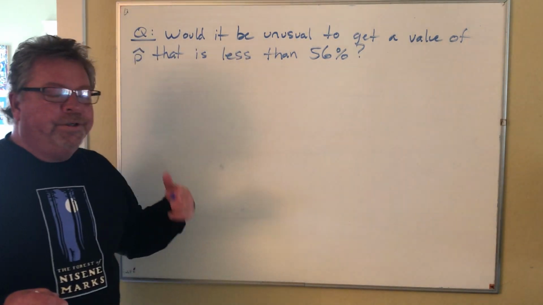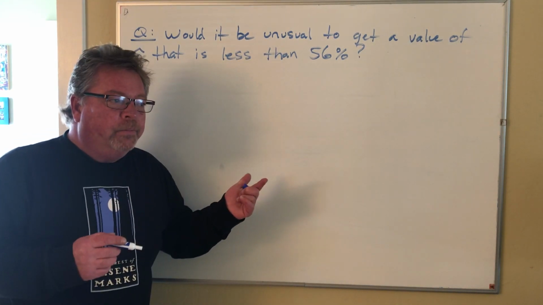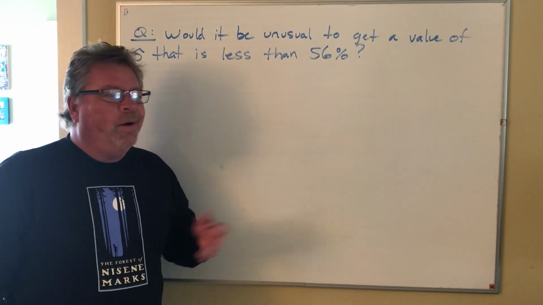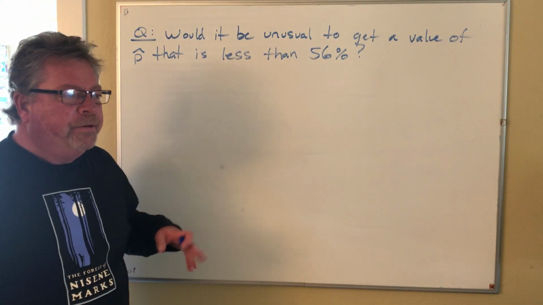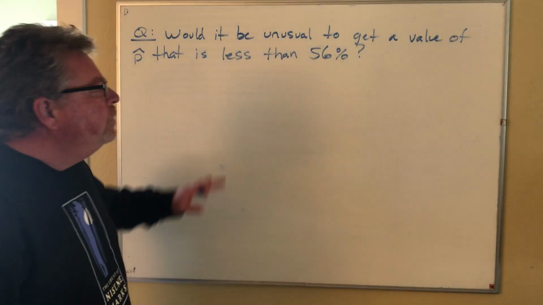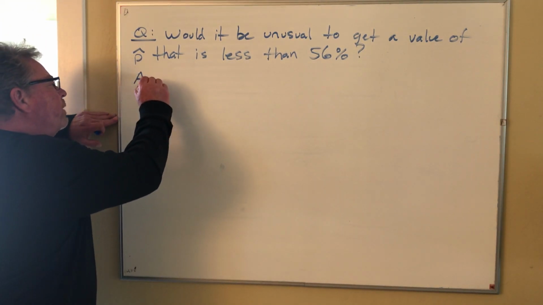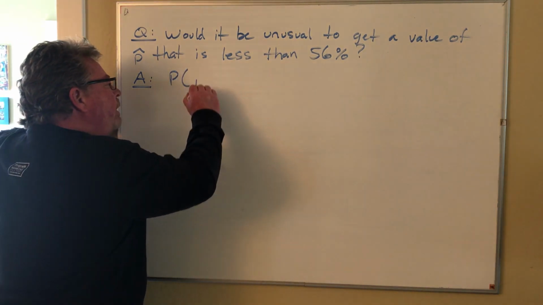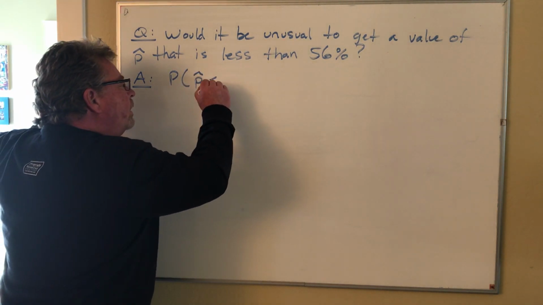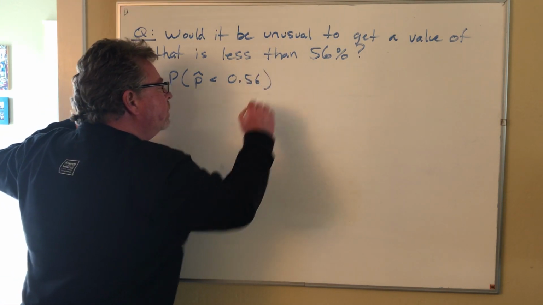Because I think one of the questions that we asked initially about this example was, hey, what happens if you get a value of p hat of like 56% or something less than that? So that's kind of where I'm going with this question. So here's the answer, the notation is p hat is less than 0.56.